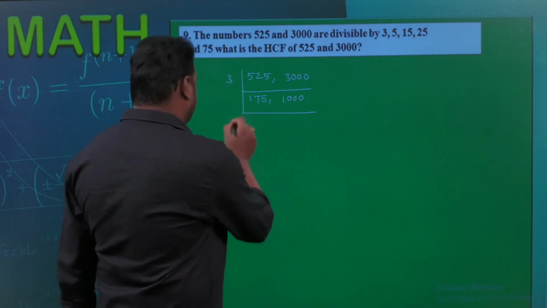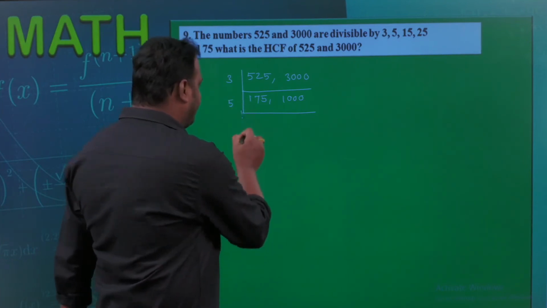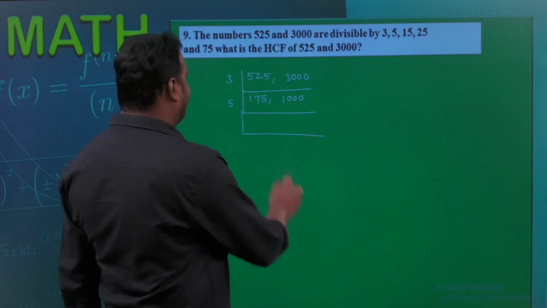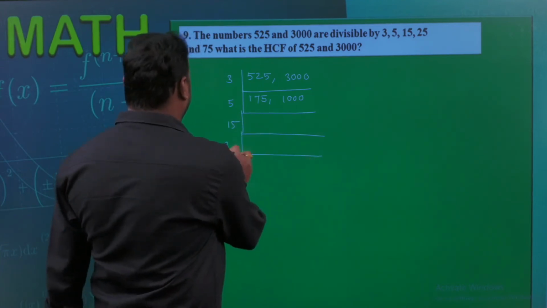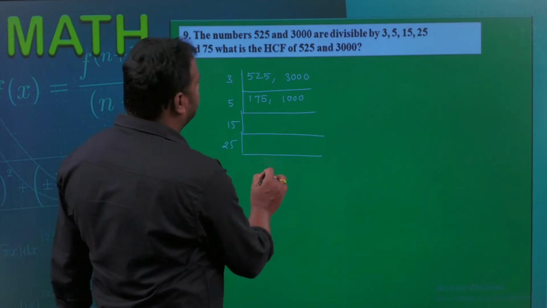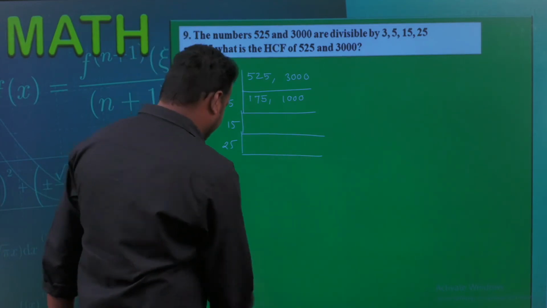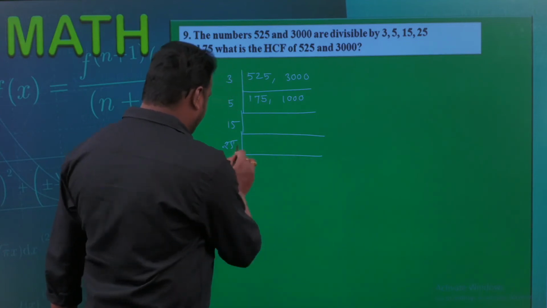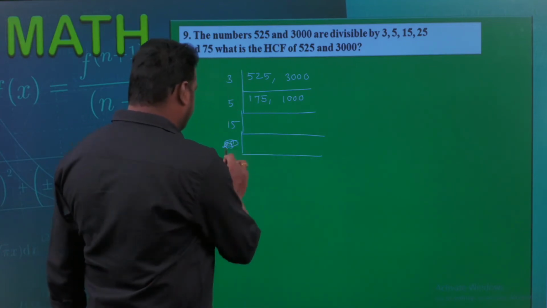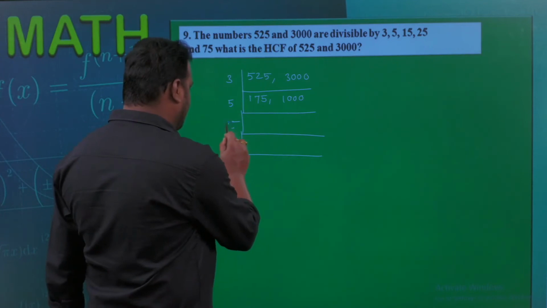So it is divisible by 5, and then you will get the numbers. Both numbers are divisible by 15 and again by 25. Let us check, because we cannot write them all one by one. Once you check them all, you can see whether each is divisible or not.